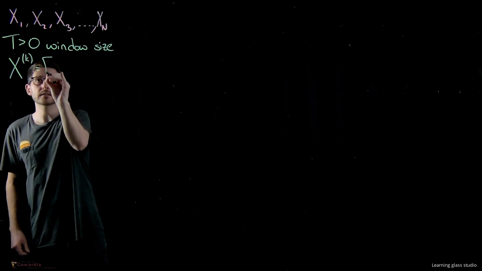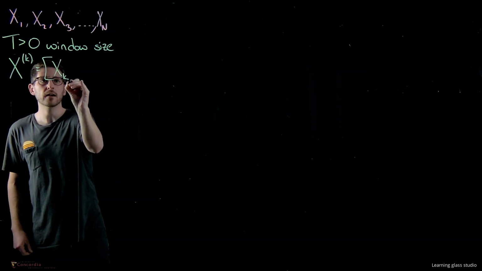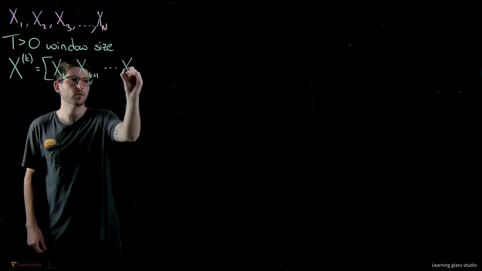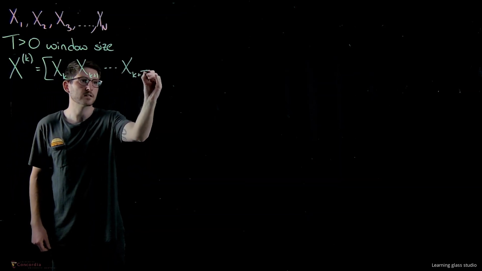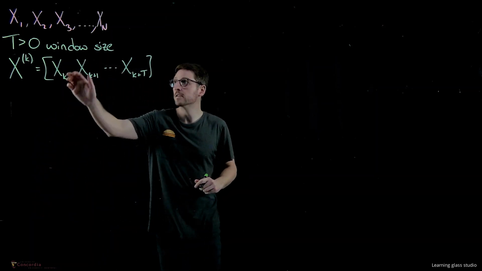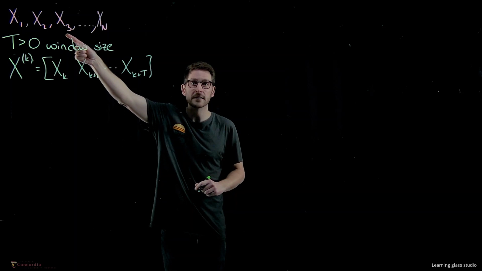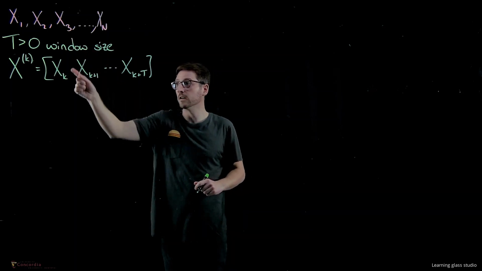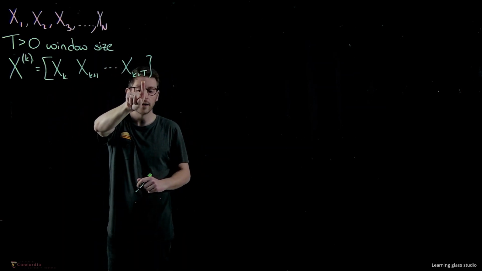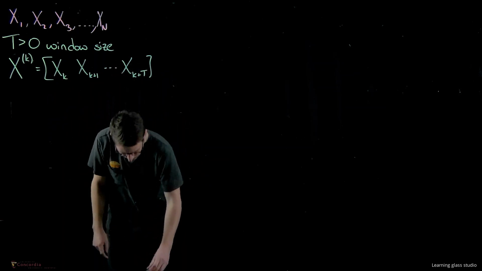And in this case, it's going to be xk, xk plus 1, and so on and so forth, all the way up to xk plus capital T. This is a subsampling of my data, my snapshots here, starting at the kth snapshot and proceeding through one window's length, okay?